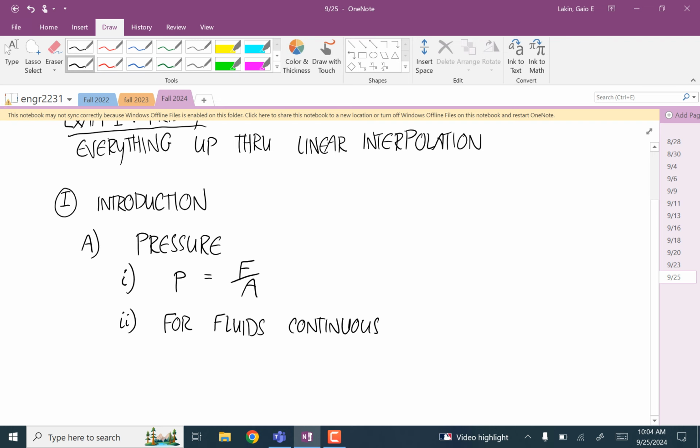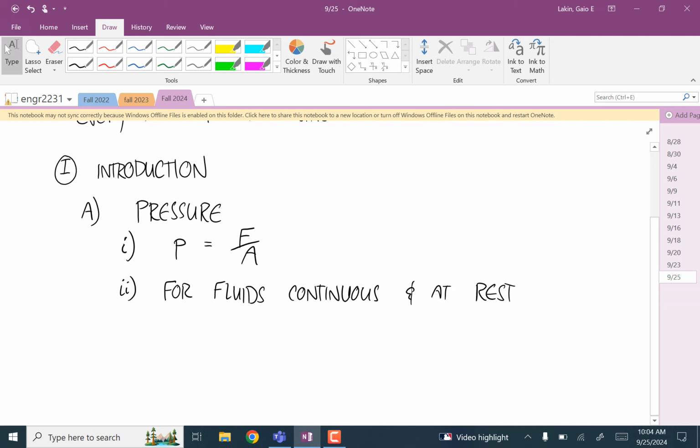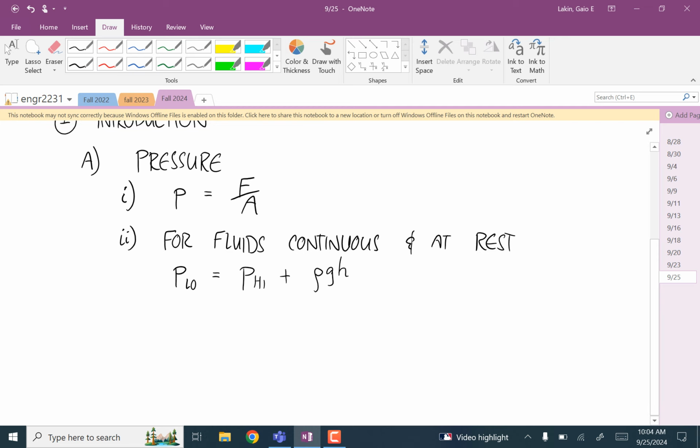But as long as they're continuous and at rest, we know that the pressure at the lower height is equal to the pressure at the higher height plus the density of the fluid times g times h, or the depth or whatever. And we use this for a bunch of calculations involving things under the surface of water or whatever.